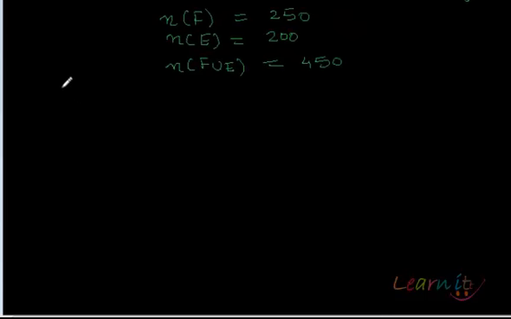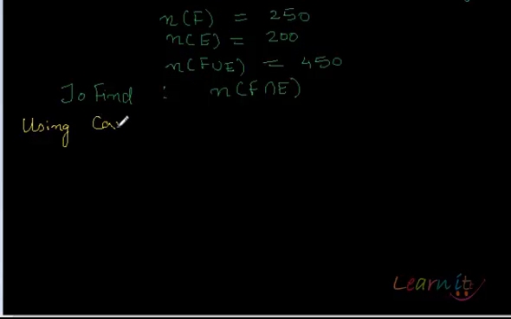We need to find the number of people who speak both. So that means the intersection, right? So how do we proceed? Again, using the cardinality property of sets.